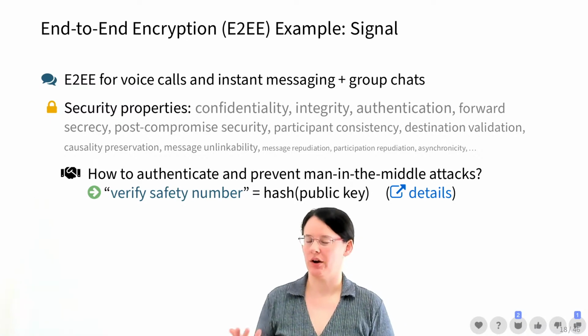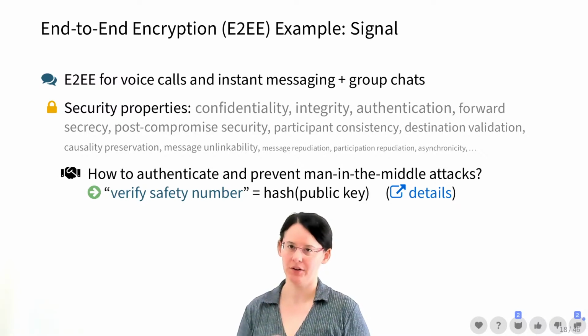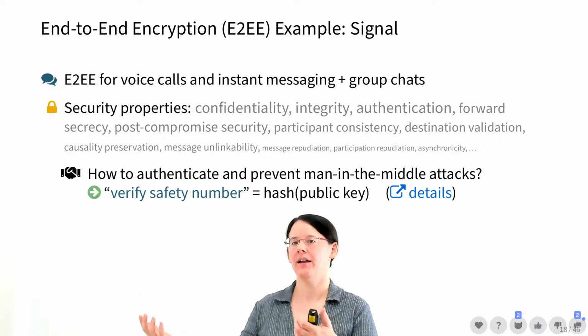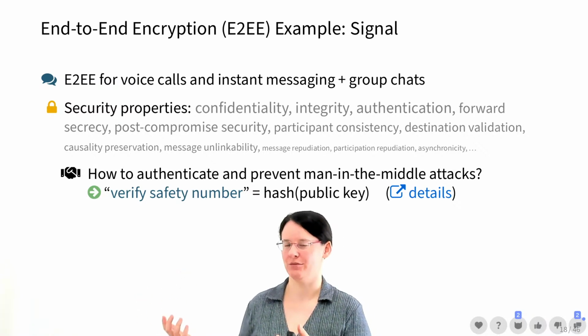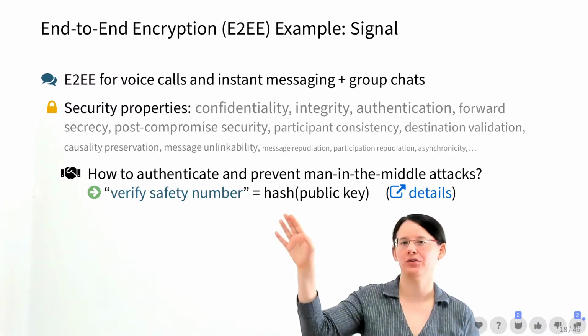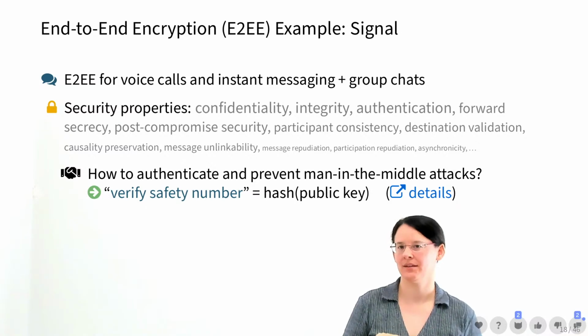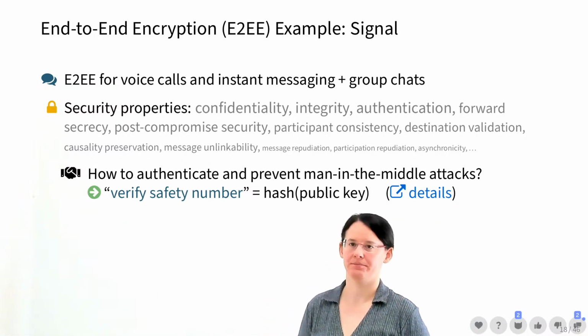What that is, or how you can do that, is if you are in a chat with somebody, you can choose to view their safety number, and the other person can do that as well. And you can check whether you see the same safety number. What is the safety number? Well, actually, it's simply a hash of both your public keys, hashing it to make it much shorter and easier to compare.